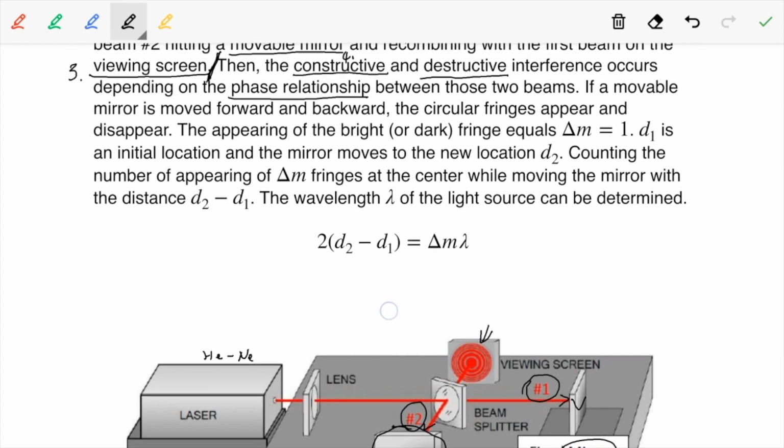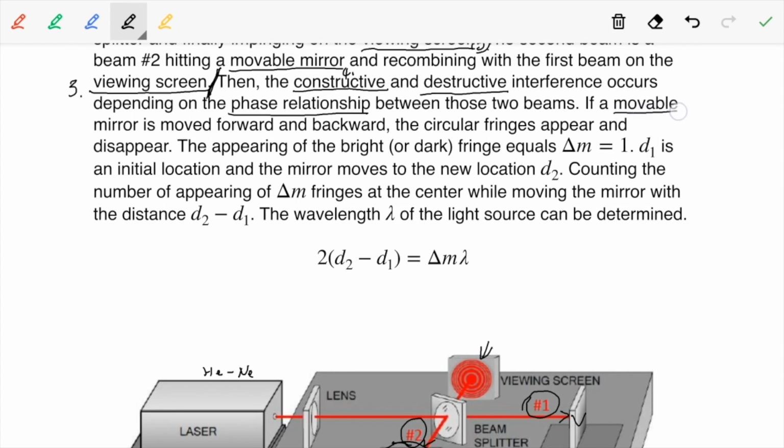Since the movable mirror is moved forward and backward, the circular fringes appear and disappear. So we will have circular fringes at the viewing screen, like a circle of bright fringe and a circle of dark fringe.